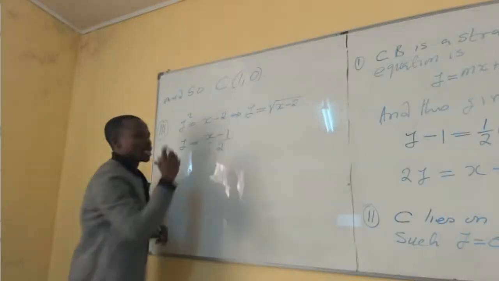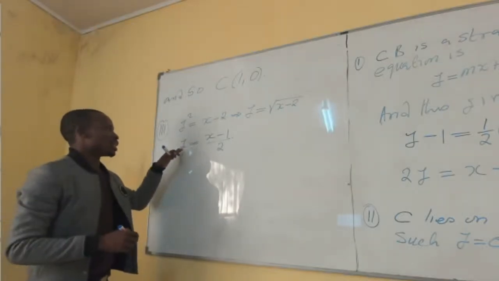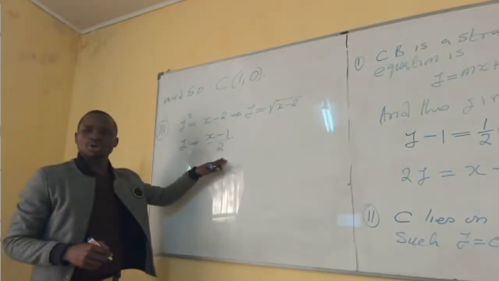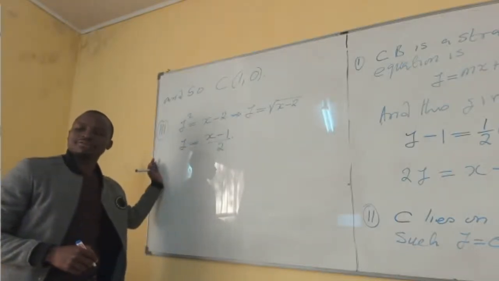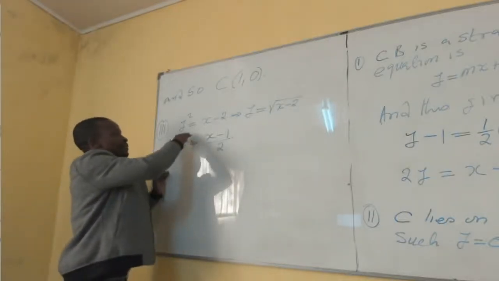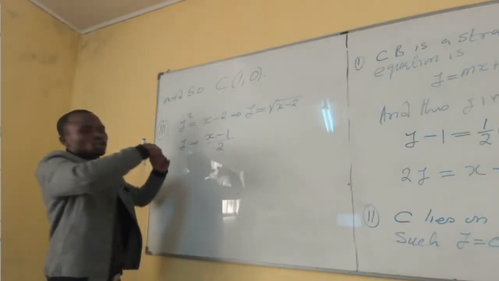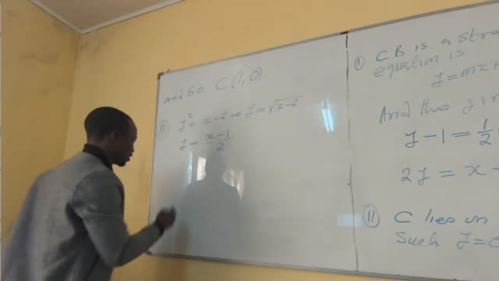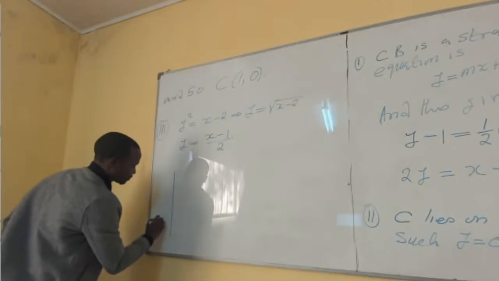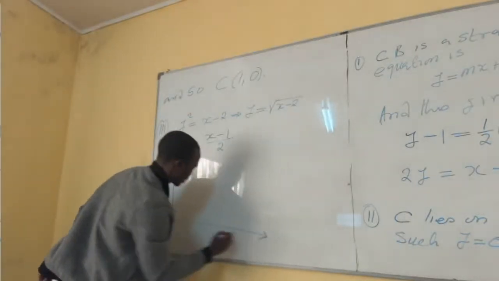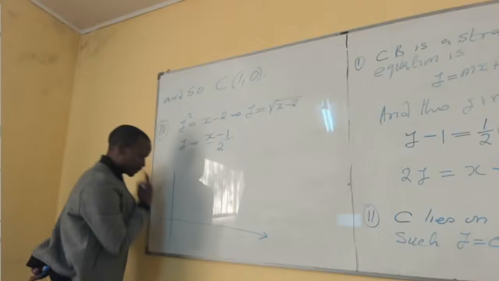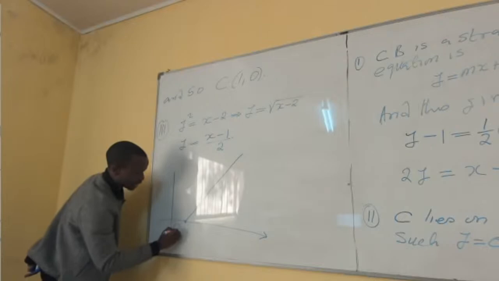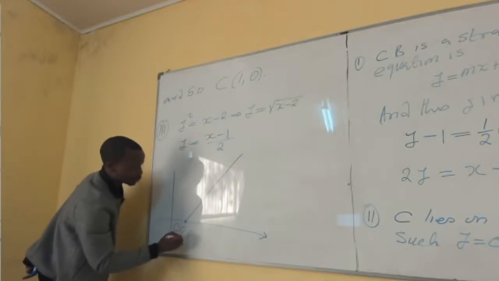Now, if you check, the straight line y equal to x minus 1 over 2 was on top, because if you look at how we sketched that region, let me sketch it so that you can see a bigger picture. So we had something like this, a straight line, which meets at C. Then we have 1, 0.